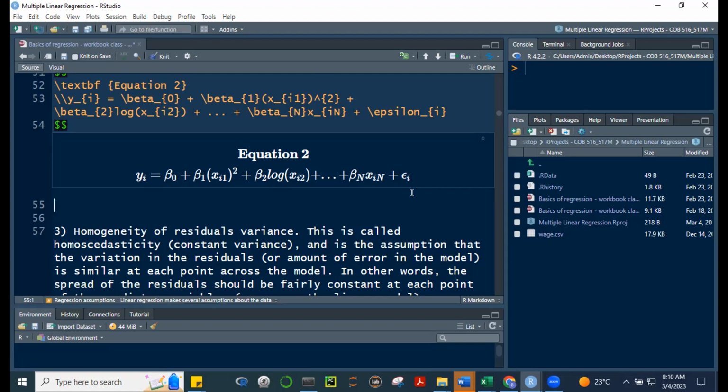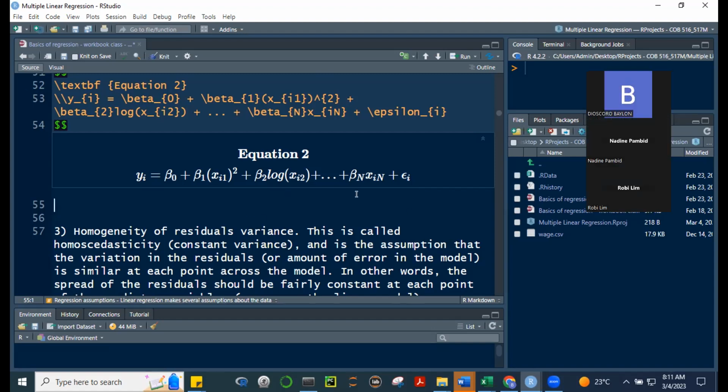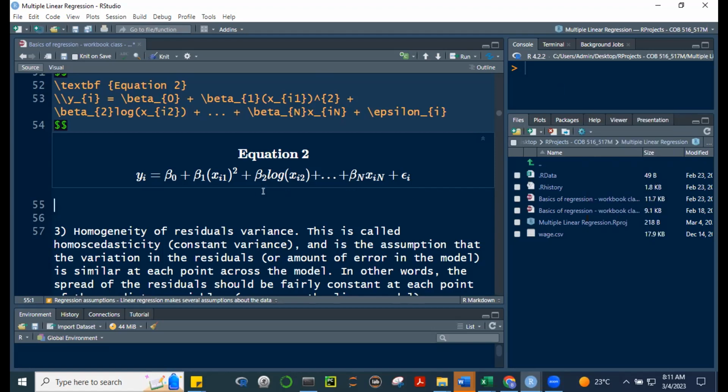The explanatory variables could be nonlinear. When I say nonlinear, it could be raised to a certain power. It could be log, or you can get the square root of that, or you can also get the reciprocal, 1 over x. That's possible.